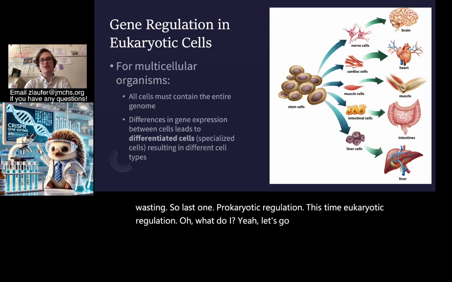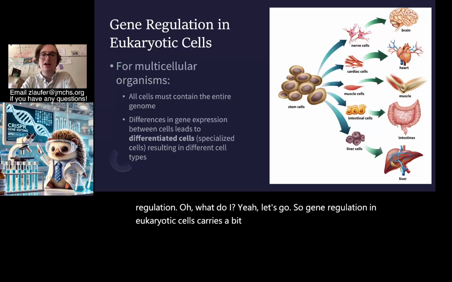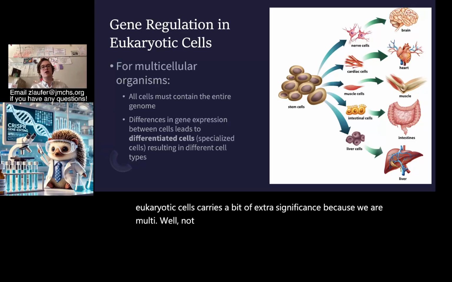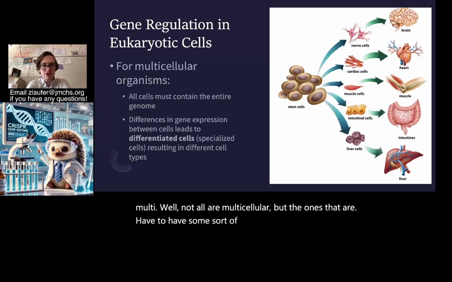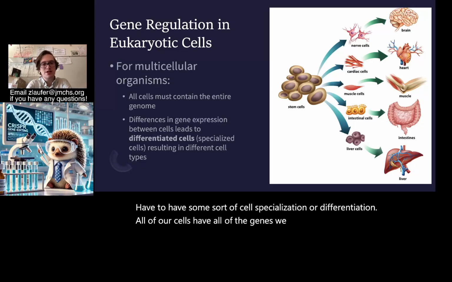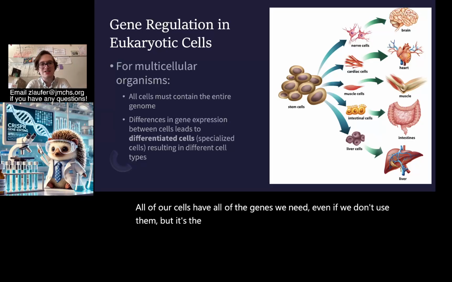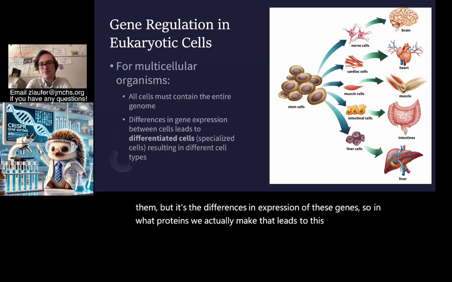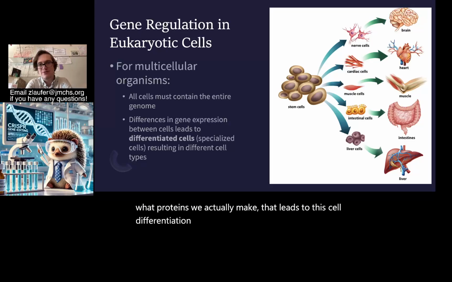So, gene regulation in eukaryotic cells carries a bit of extra significance because, well, not all are multicellular, but the ones that are have to have some sort of cell specialization or differentiation. All of our cells have all of the genes we need, even if we don't use them, but it's the differences in expression of these genes, so in what proteins we actually make, that leads to this cell differentiation, specialization, and we get these different cell types.